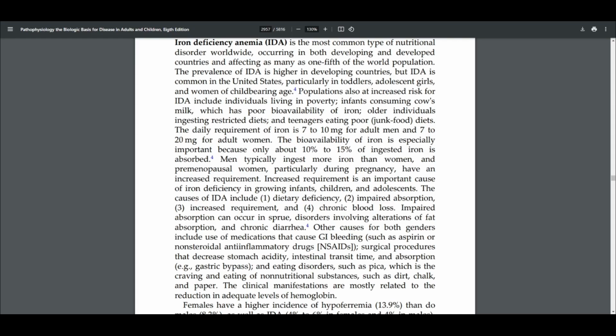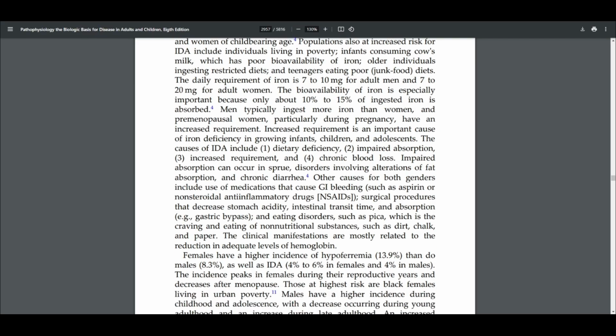Other causes for both genders include the use of medications that could cause GI bleeding, so your aspirins, your NSAIDs. Surgical procedures that decrease stomach acidity, intestinal transit time, and absorption, and eating disorders, such as pica, which is the craving and eating of non-nutritious substances, such as dirt, chalk, and paper.